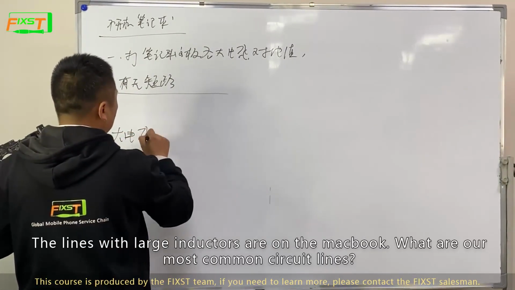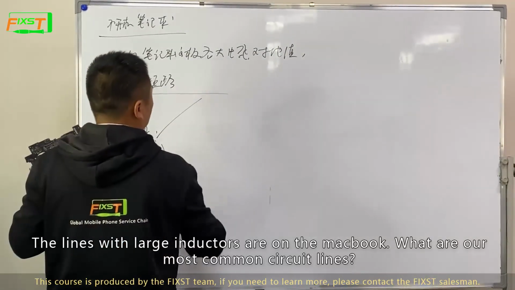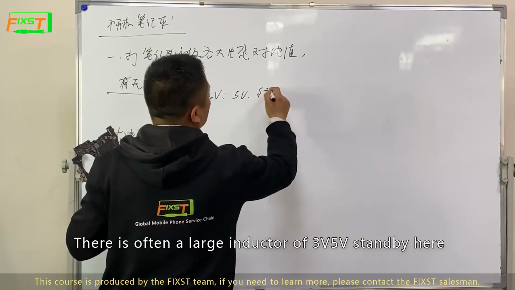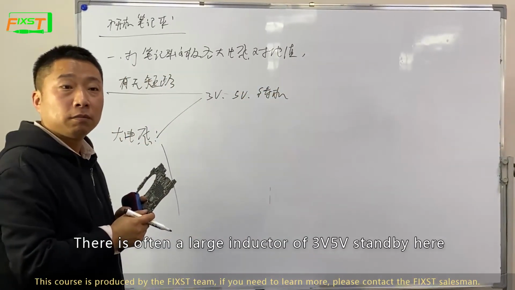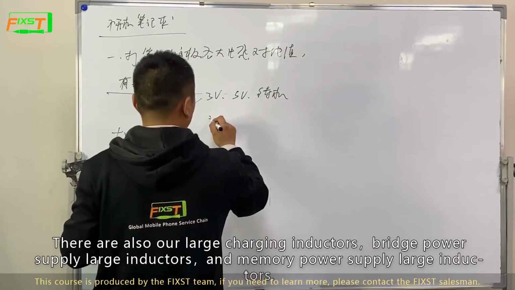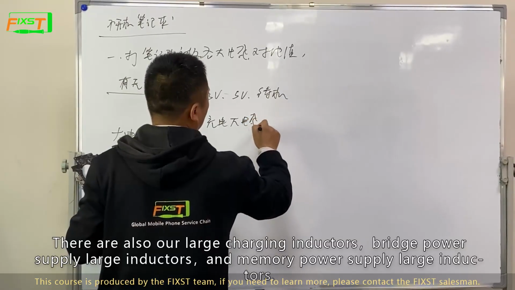The lines with large inductors are on the MacBook. What are our most common circuit lines? There is often a large inductor of 3V, 5V standby here. There are also our large charging inductors, bridge power supply large inductor, and memory power supply large inductors.